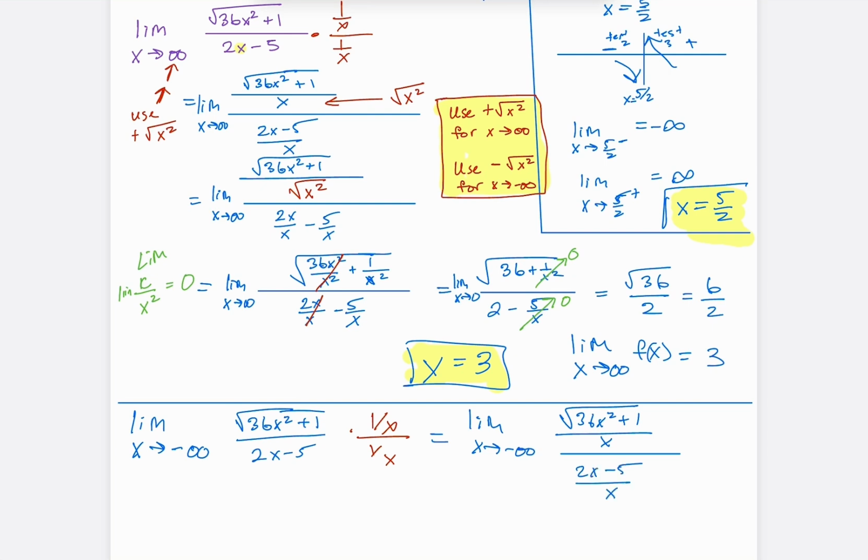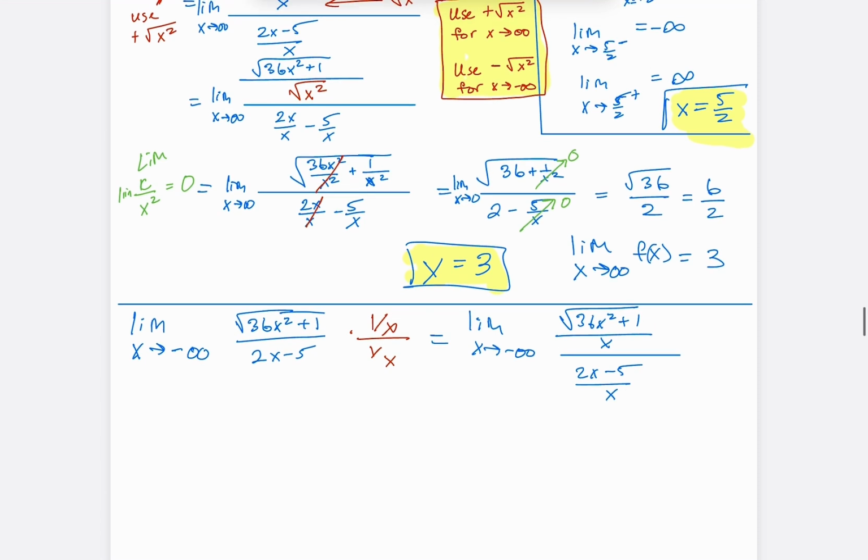But this time, when I substitute in the square root of x squared for x, so that I can bring everything under the square root, I want to use the negative version, because this time I know that I'm plugging in a negative number for x, because I'm on the far left side of the graph.